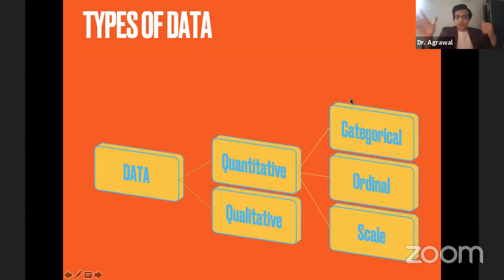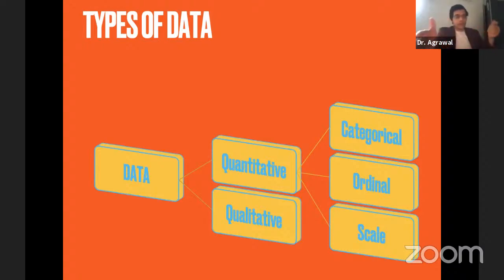So there are essentially two types of data: quantitative and qualitative. Qualitative, like we discussed yesterday, are the types of studies usually used in psychology, but quantitative can be further divided into three: categorical, ordinal, and scale. So categorical data is something like yes or no, which is two categories, right? And ordinal basically means it's an order.